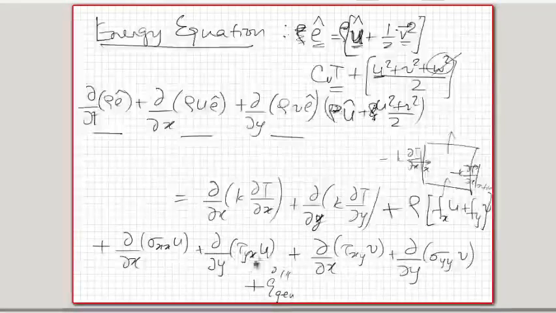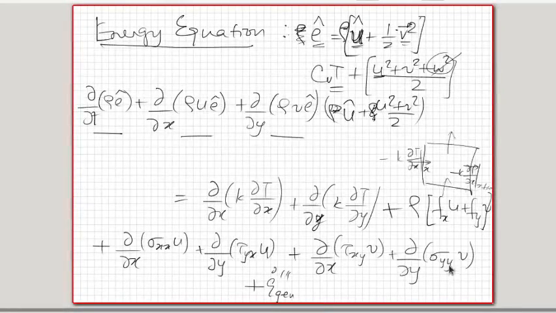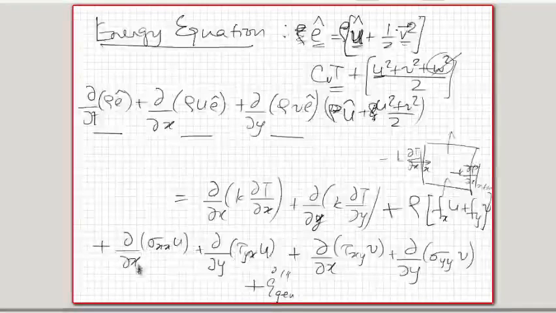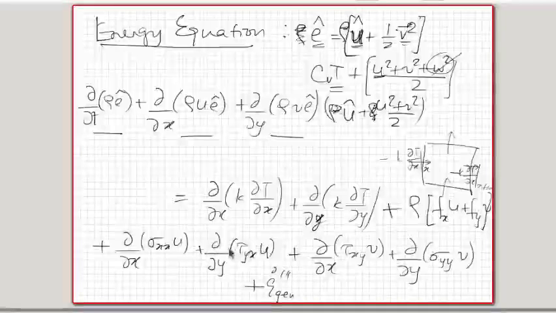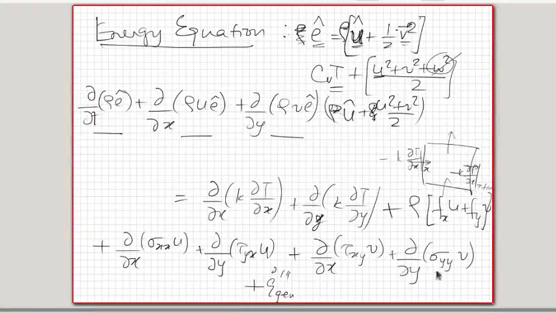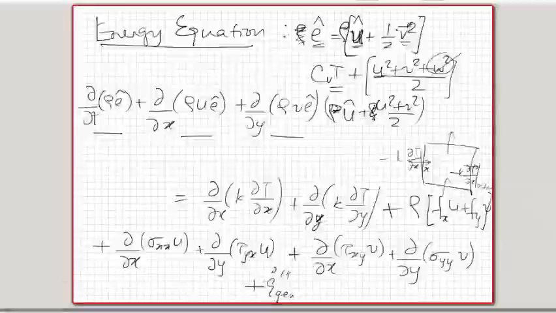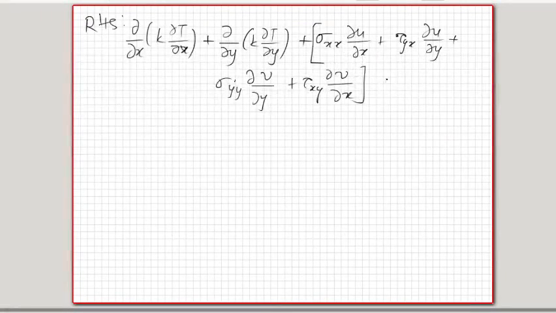This gets 2 terms, this gets 2 terms, this gets 2 terms, this gets 2 terms, out of which the 4 terms that contain u del sigma xx by del x, u del tau xy and so on will get cancelled out. So the other terms that remain are sigma xx del u by del x, tau yx del u by del y, then sigma yy del v by del y, and tau xy del v by del x. Those are the terms, and this q generation term will remain, plus q dot generation.